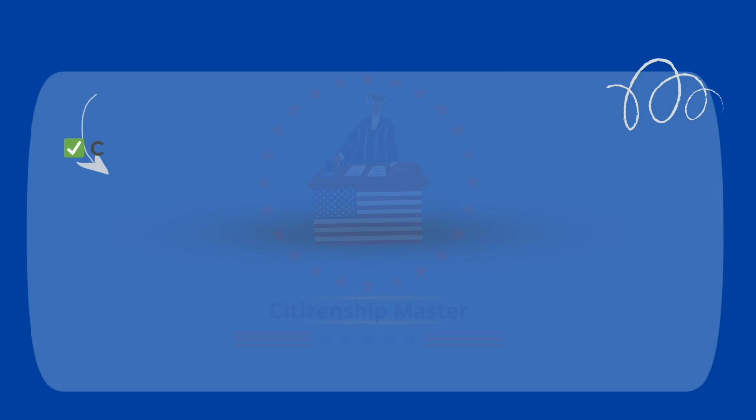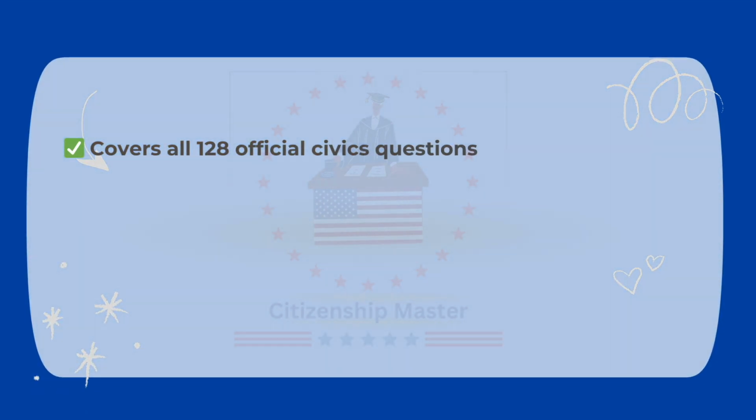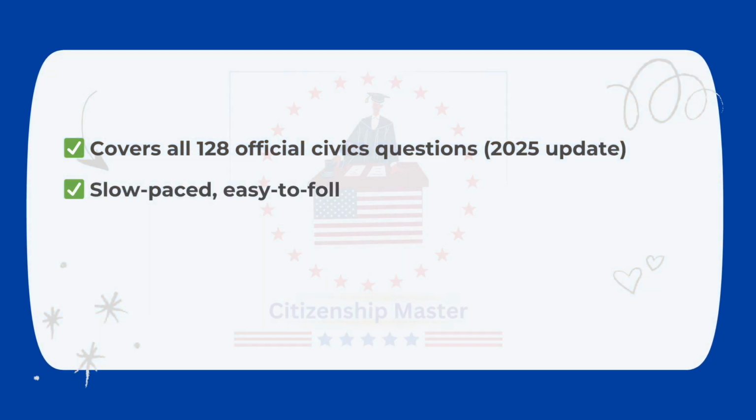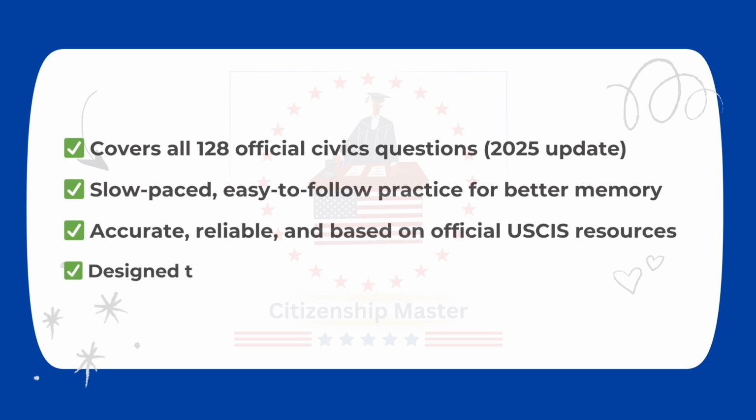Covers all 128 official civics questions, 2025 update. Slow-paced, easy-to-follow practice for better memory. Accurate, reliable, and based on official USCIS resources. Designed to boost your confidence before the real interview.